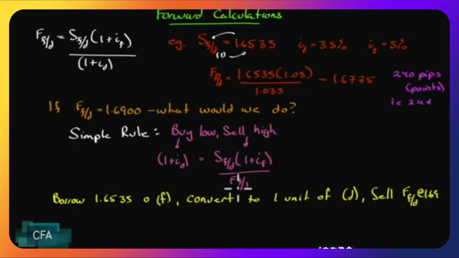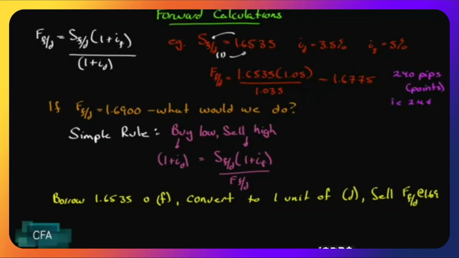So we're short this whole side. We have borrowed in the foreign currency, and we've converted it at the current spot rate to 1 unit of the domestic currency, and we're going to enter into the forward contract at 1.69. We're going to enter into that forward contract because we want to be able to exchange at 1.69. It's the wrong rate, so let's take advantage of it, right?